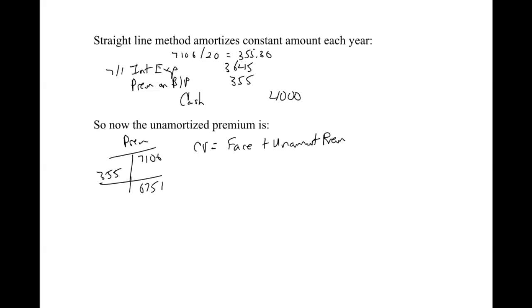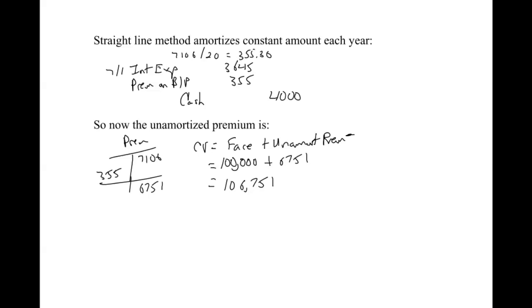That's PREM for premium. So we have 100,000 plus the 6,751, which will be 106,751. Notice now the carrying value will be going down towards face value. At the very end, the unamortized premium will be 0, so it'll be 100 plus 0, or 100,000.